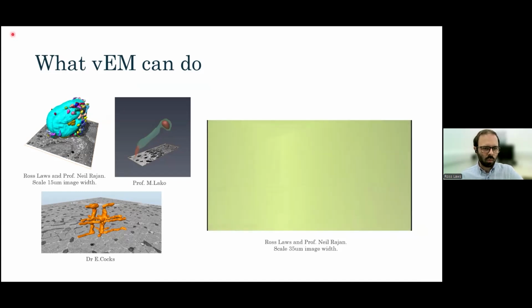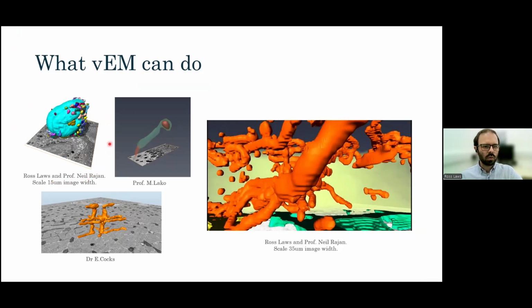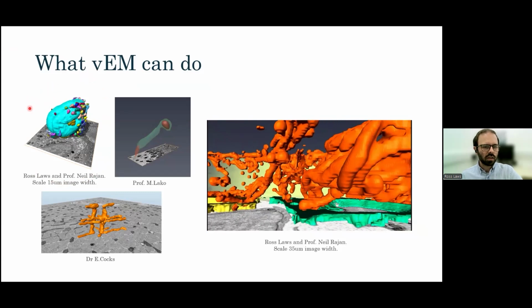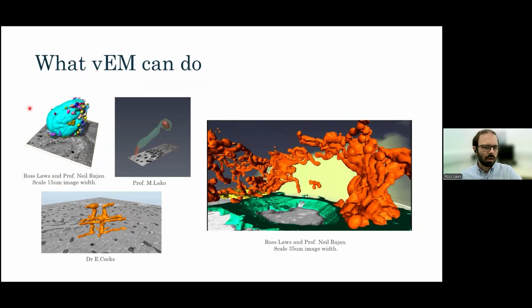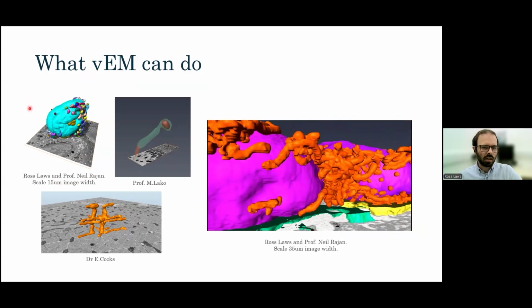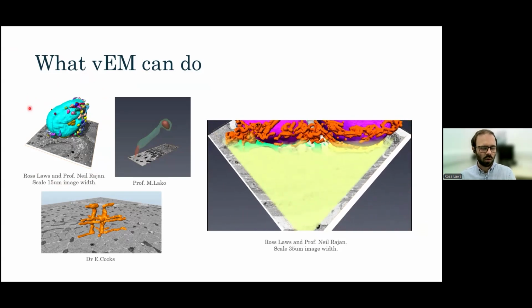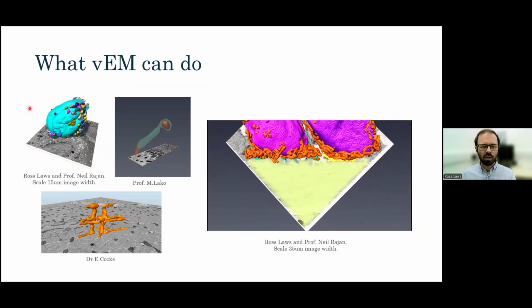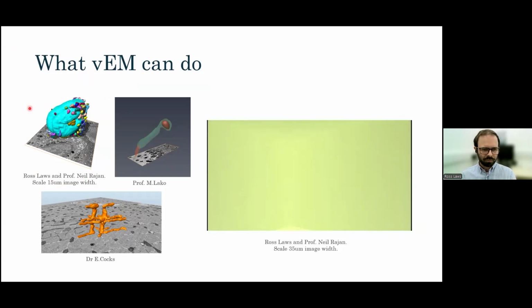To give you an idea of what can actually be achieved, on the left-hand side here, you can see a nucleus of a cell surrounded by mitochondria. Volume EM can allow you to visualize your data in 3D down to a subcellular and organelle level resolution, so that you can actually distinguish individual organelles in your data.